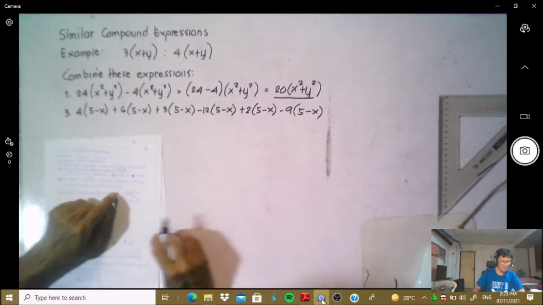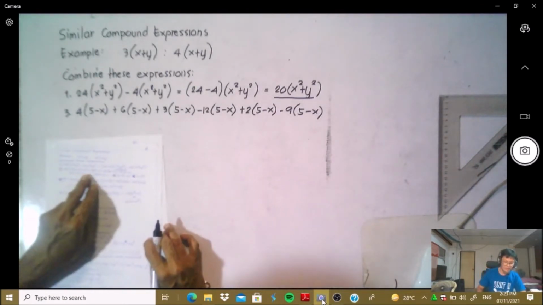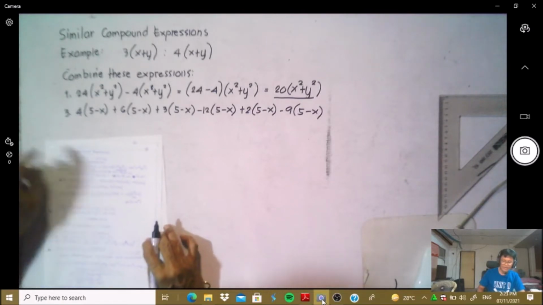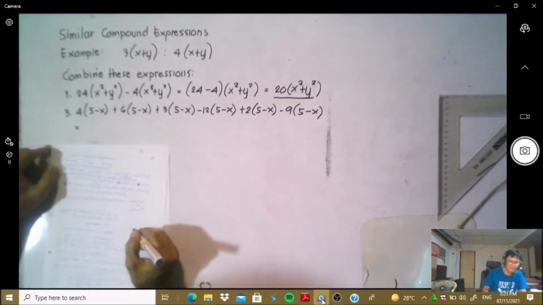This will be equal to, again, let's factor out 5 minus x.